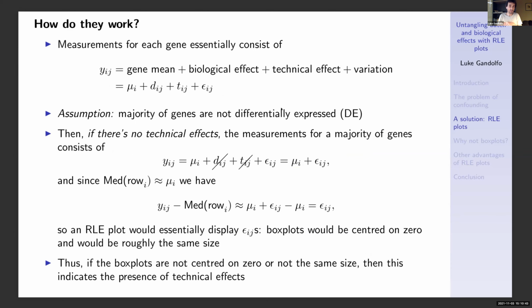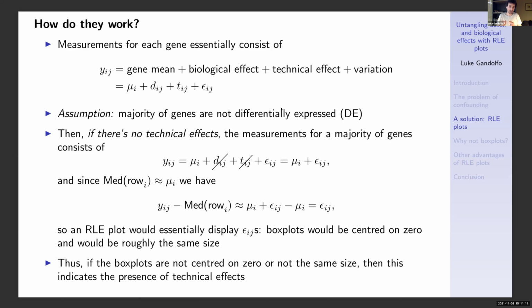How do they work? Well, on a log scale, the measurements for each gene essentially consist of the following. We have a gene mean plus a biological effect, if any, plus a technical effect, if any, plus some variation, or mu-i plus dij plus tij plus epsilon ij.